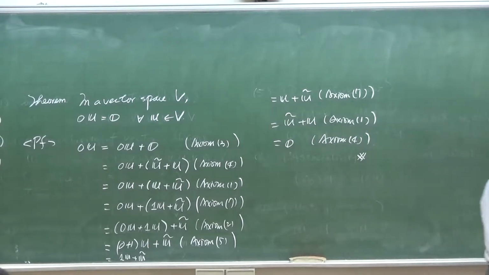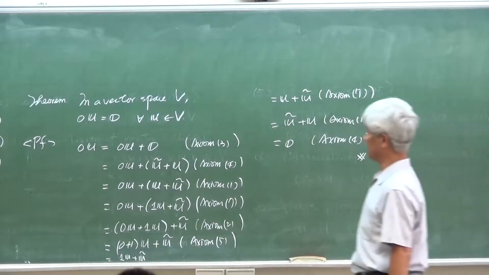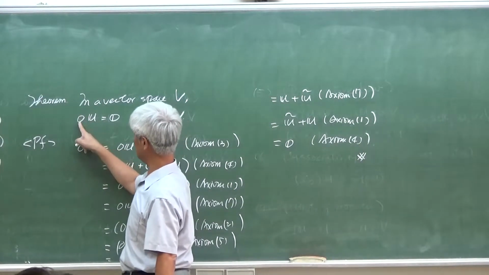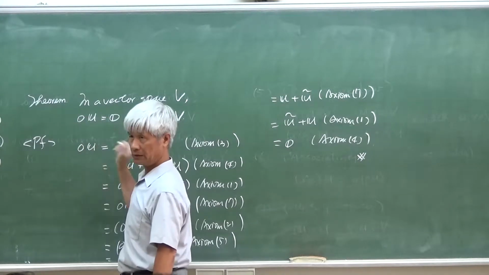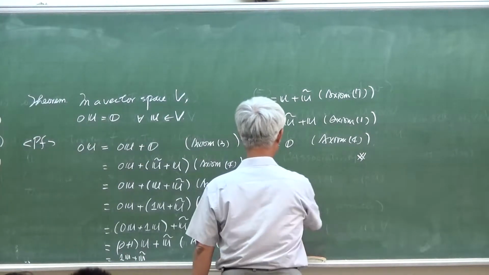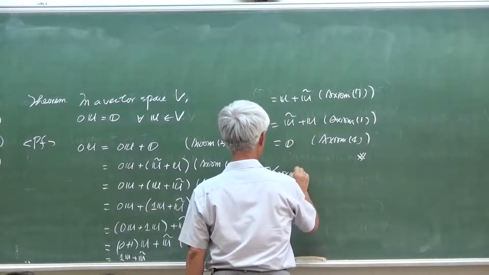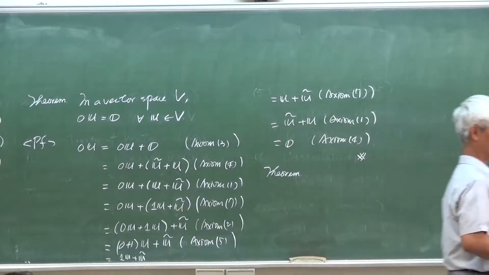But anyway, it just gives you the idea. So we solved the problem that the scalar 0 multiplied with a vector gives the 0 vector.